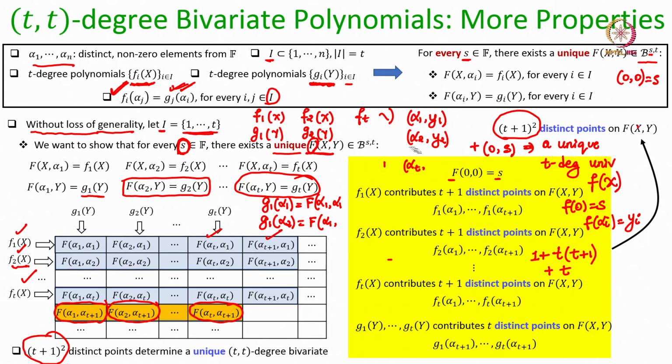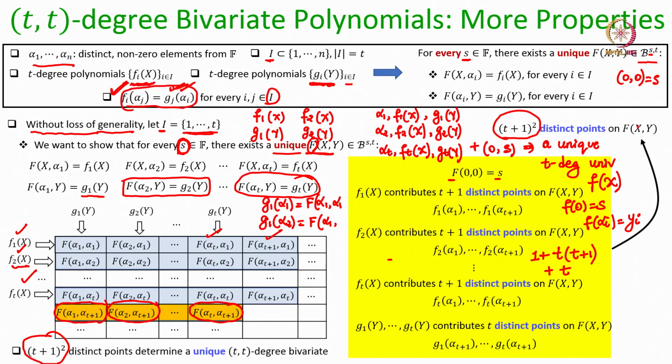That means, you are now given t pairs of x univariate polynomials, namely alpha 1 f 1 x, alpha 2 f 2 x and alpha t f t x, and corresponding to the same alpha indices, you are also given the y polynomials g 1 y, g 2 y, g t y, but they are not arbitrary x and y polynomials, they are pairwise consistent.